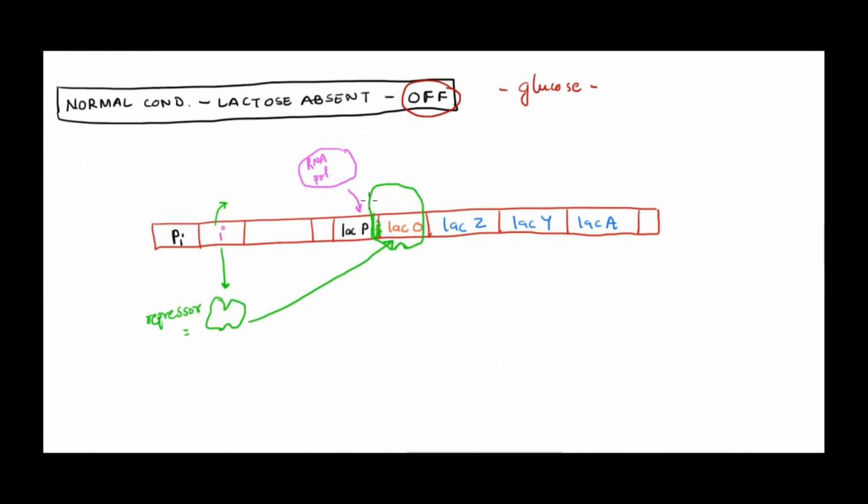But it cannot access this promoter completely because of the repressor. As a result, it cannot pass through the operator and it cannot transcribe the gene. So there will be no transcription. This is the natural normal condition.